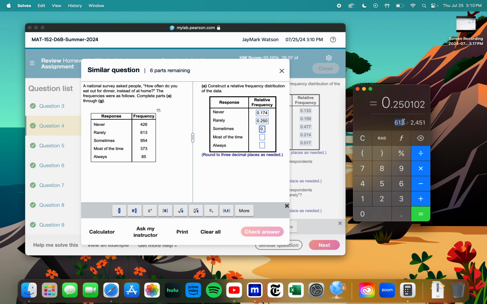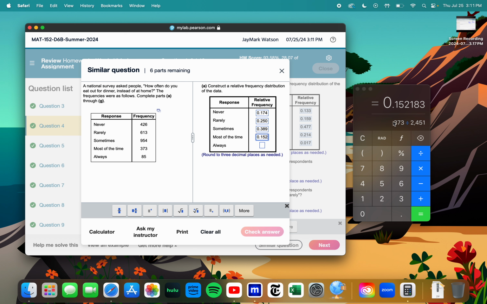Alright, let's go. Sometimes is 954, that's 0.389, and that does not round up. Most of the time is 373. That's 0.152, and it also doesn't round up.